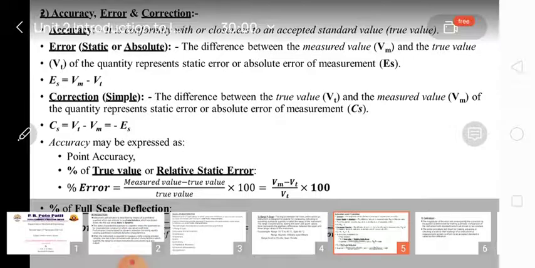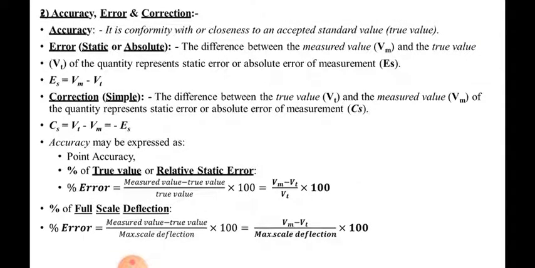Next we will study accuracy, error and correction. Accuracy is conformity with, or closeness to, an accepted standard value or true value. So accuracy is nothing but the conformity or closeness to the true value or standard value.